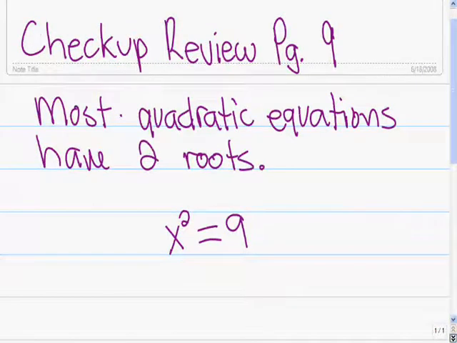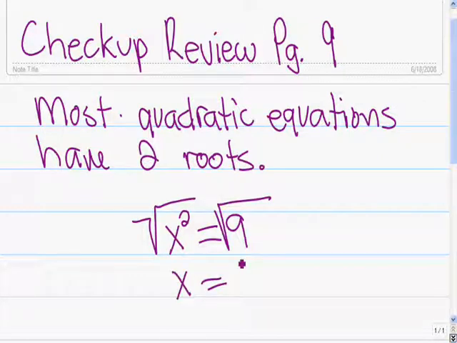And the last thing you need to know is that most quadratic equations have two roots. So when I find x, I'm going to use the radical function to find x. I'm going to square root both sides. So the square root of x squared is x, and the square root of 9 is plus or minus 3. It has two roots, a positive 3 and a negative 3.